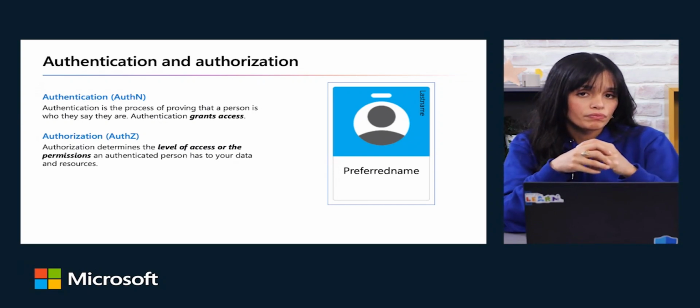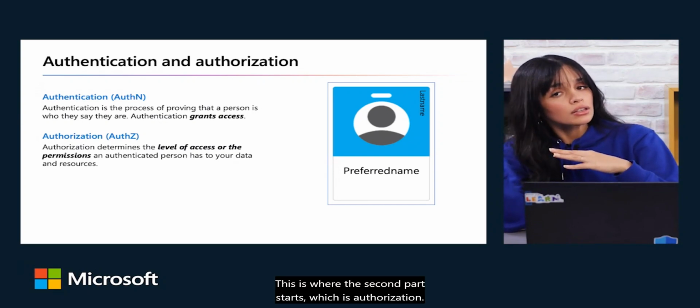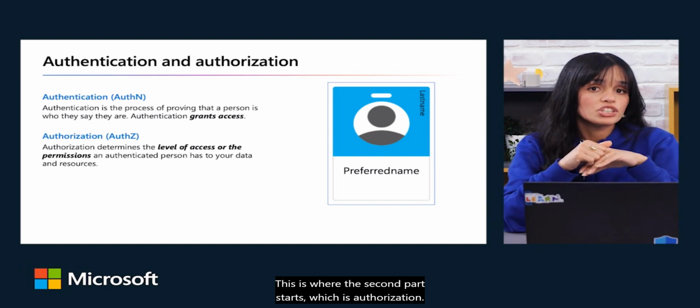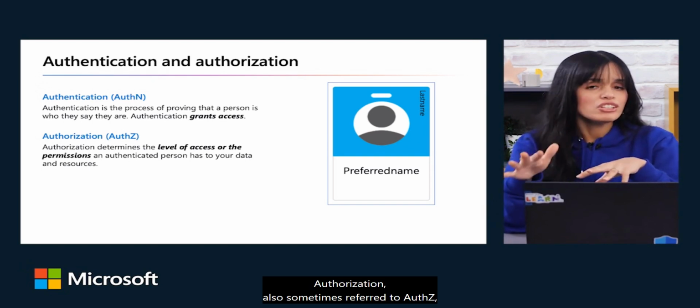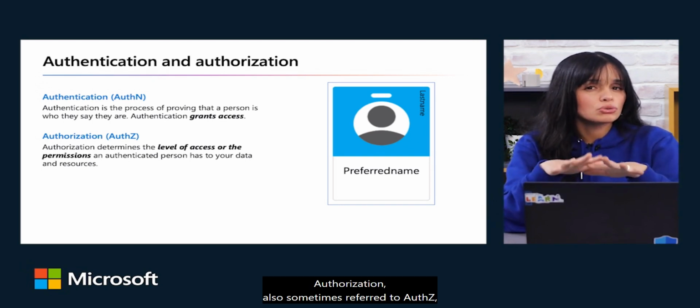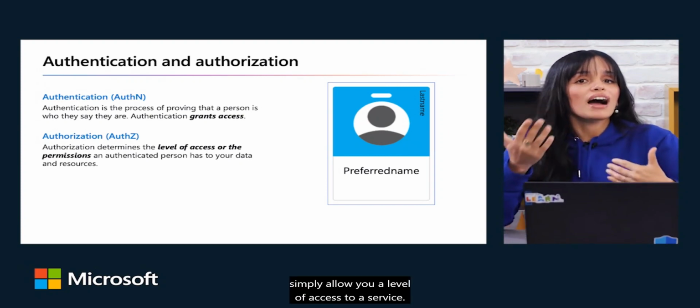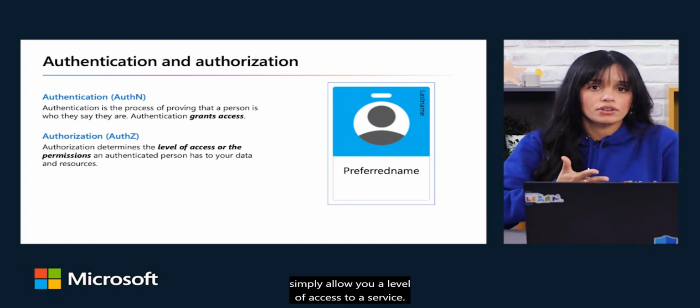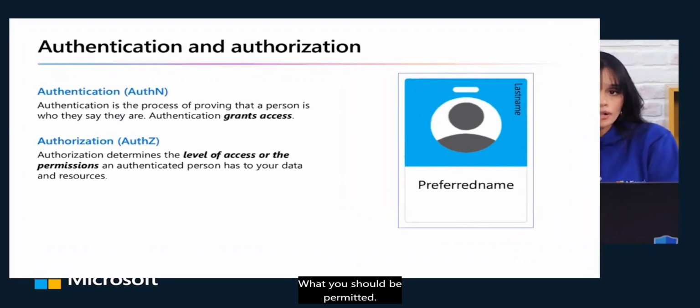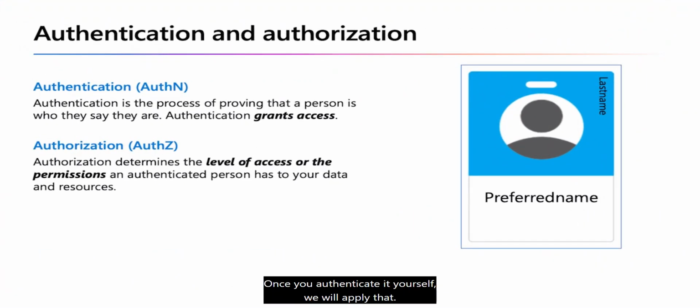This is where the second part starts, which is authorization. Authorization, also sometimes referred to as auth-z, simply allows you a level of access to a service, what you should be permitted. Once you have authenticated yourself, we will apply that.